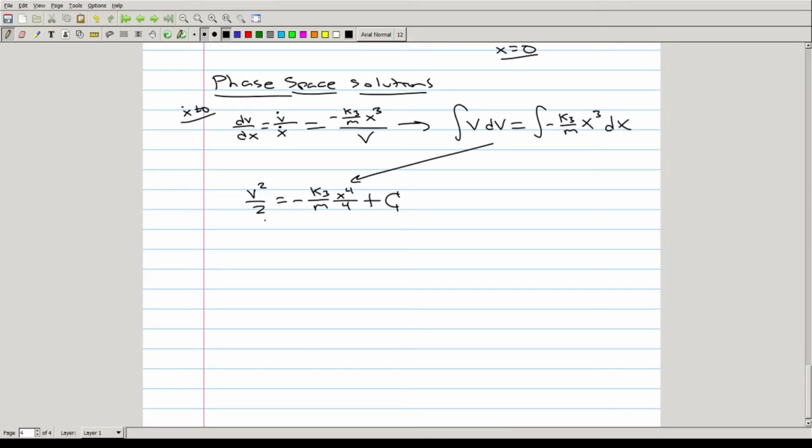Which is the same thing as the equation v squared plus k3 over 2m x to the fourth is equal to 2 times c, or we'll just call that d.